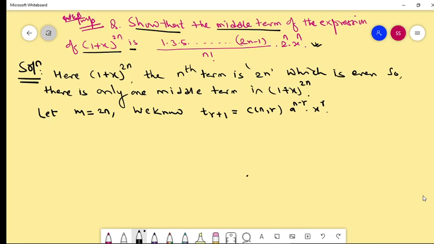what is the middle term? That is T(m/2 + 1).